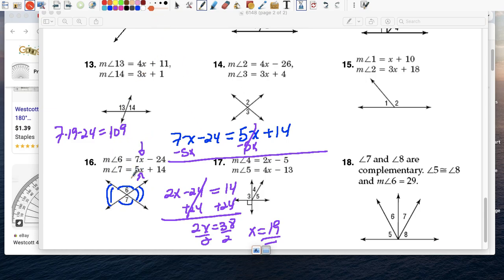So 5x plus 14, I'm going to go 5 times 19 plus 14 equals, look at that, 109. Like I said, we knew that they should be equal, and we just confirmed it. So angle 6 is 109, angle 7 is 109.